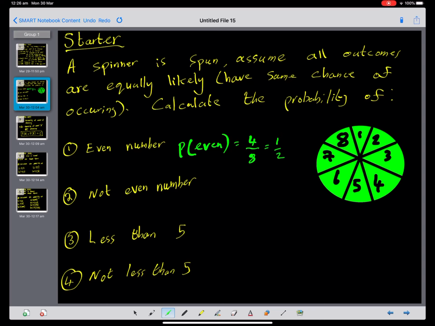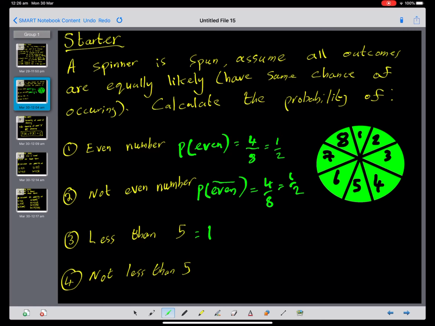Okay, the probability of not an even number, that is written probability even with a bar over the top. Well, the probability of not getting an even number, 1 isn't even, 3 isn't even, 5 isn't even, and 7 isn't even. So that is 4 over 8, which is equal to half.